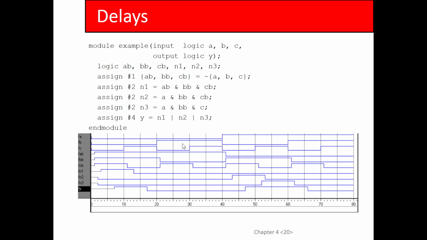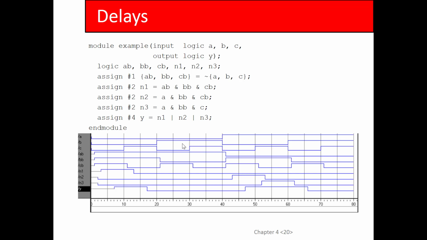Each one of those is 1 bit because they're declared as logic with no bit range. And I am assigning all three of those together as if they were one 3-bit signal. Everyone see that?